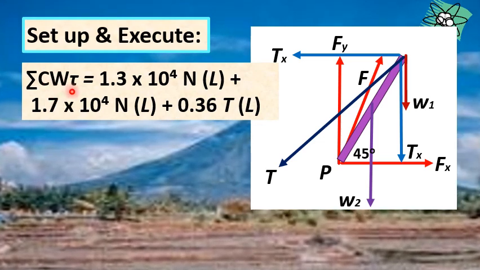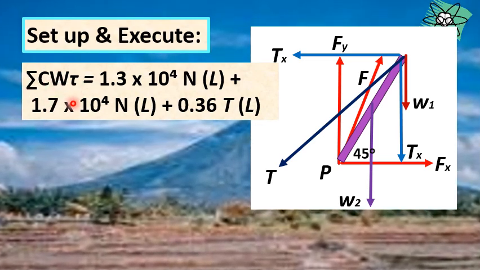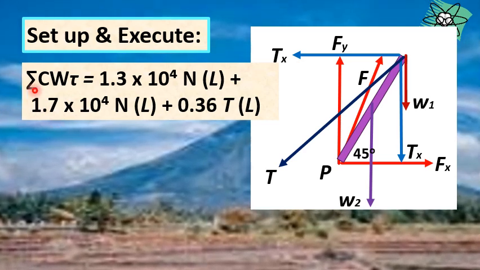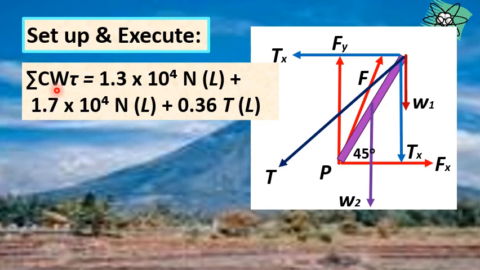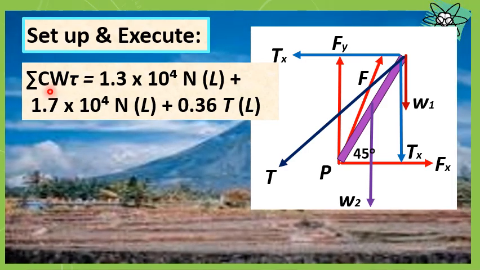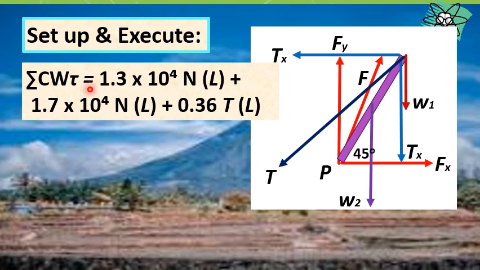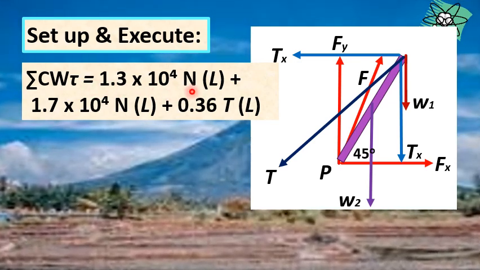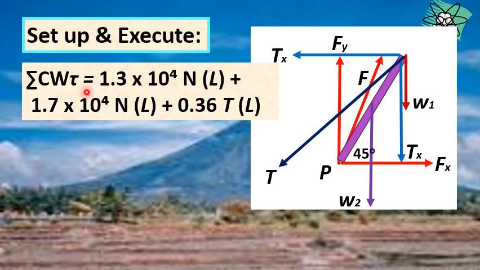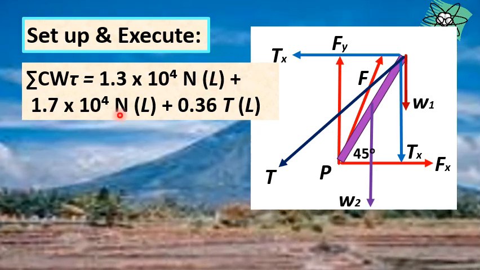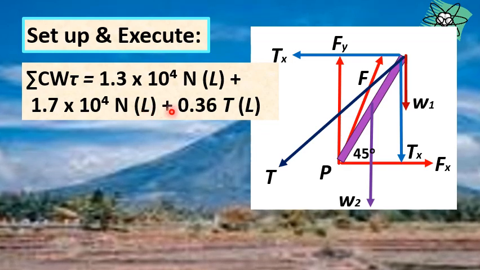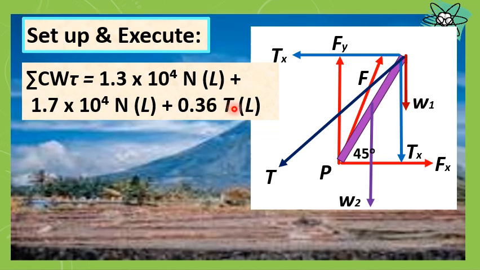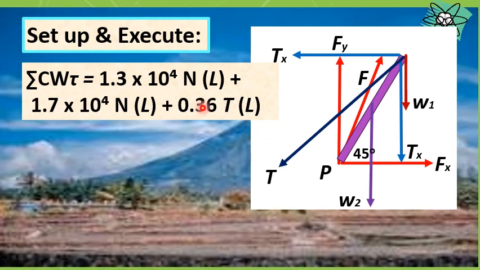Getting the vector sum of all the torques that can cause clockwise rotation of the strut, we have summation of the torques for clockwise rotation equals 1.3 times 10 to the fourth Newton times the length L plus 1.7 times 10 to the fourth Newton times the length L plus 0.36 times the tension force T and the length L, right?